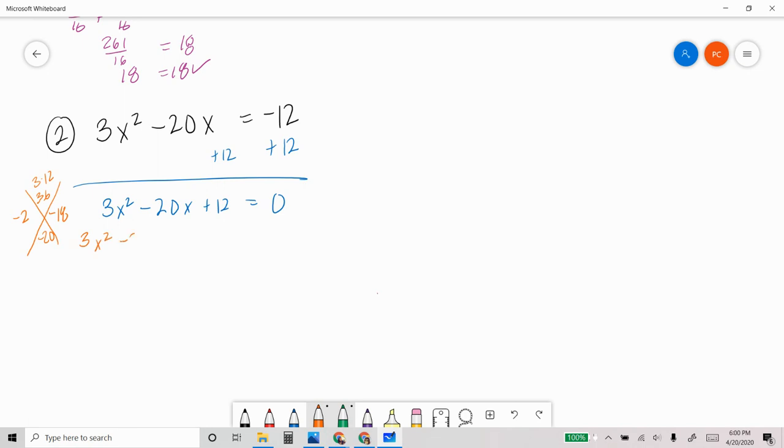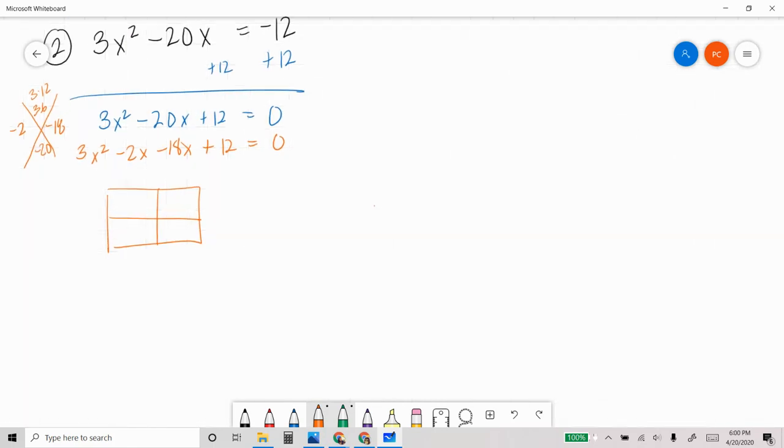3x squared minus 2x minus 18x plus 12 is equal to 0. Okay, we can now use the box to factor. 3x squared minus 2x minus 18x plus 12. We can factor out an x here. X times 3x would give us 3x squared.